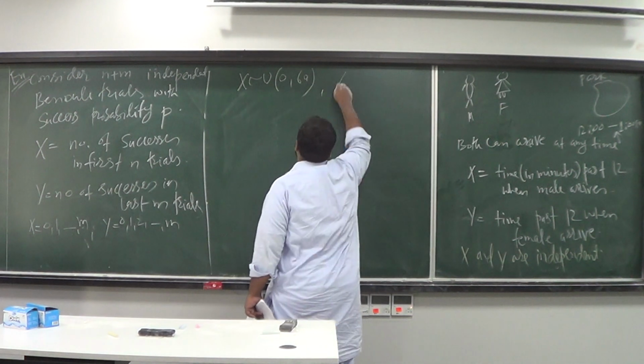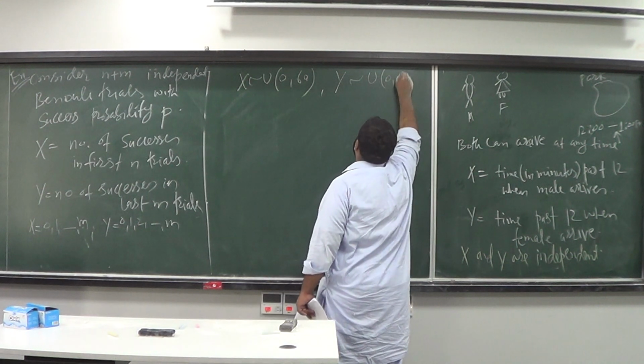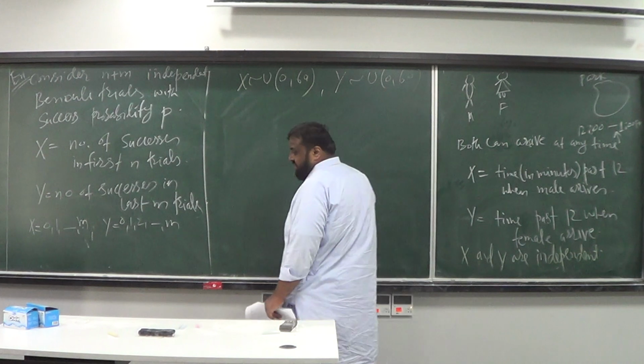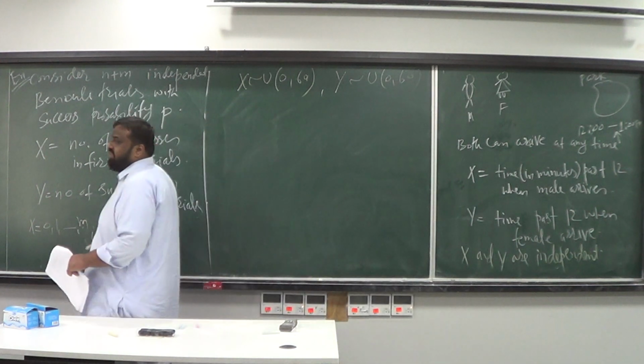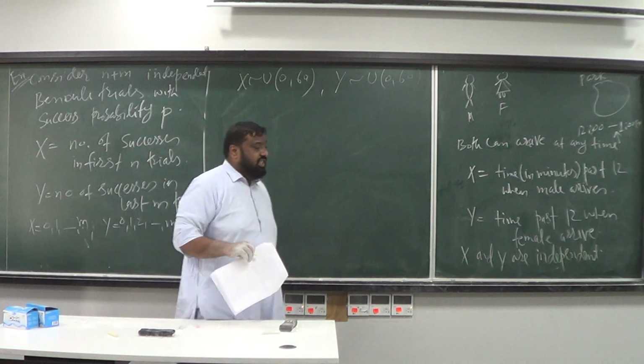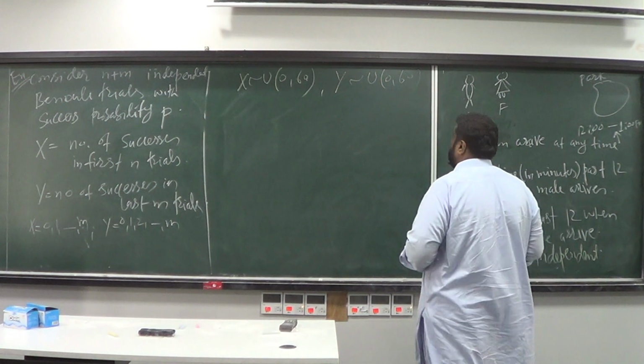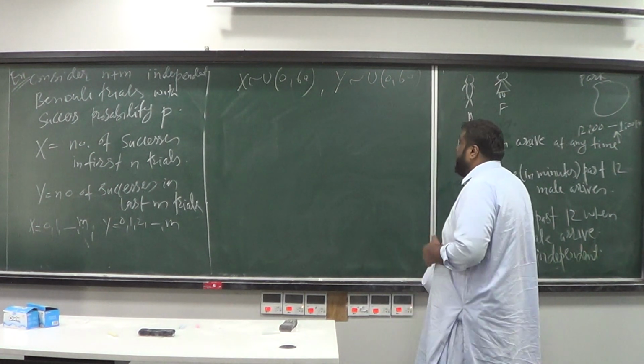And y is also uniform, because she can also arrive at any time between 12 and 1. So y also has a uniform distribution with parameters 0 and 60.